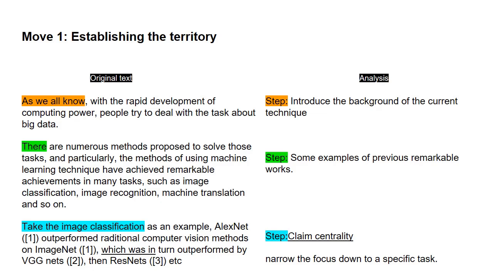Second, it gives some examples of previous remarkable works that have made great achievements in image classification, image recognition, machine translation, and so on. The third sentence claims the centrality and narrows the focus down to a specific task.